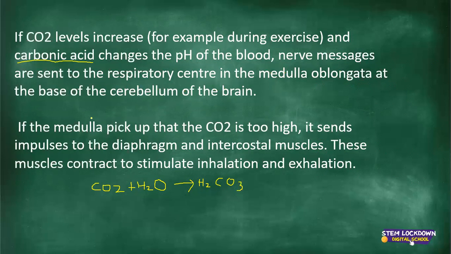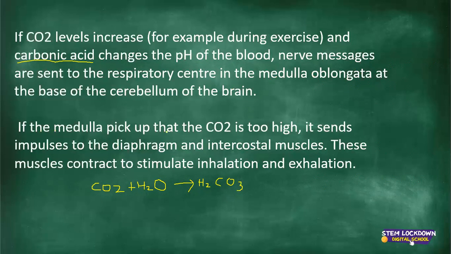So if carbon dioxide levels increase, the carbonic acid lowers the pH of the blood. Then as soon as there's a change in the pH levels, these nerve messages will be sent to the respiratory center in the medulla oblongata.